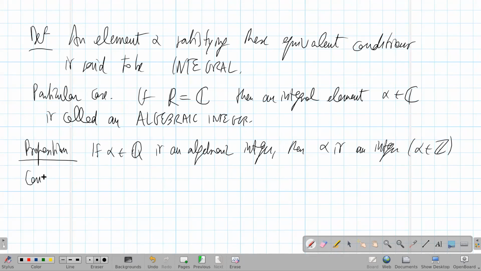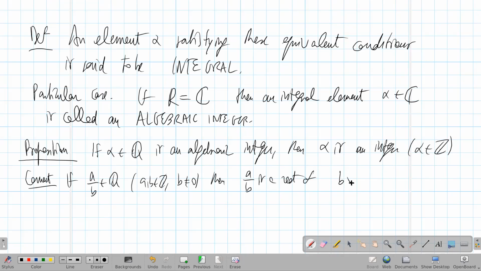First a comment. If you have a rational number a over b, where of course a and b are in Z and b is different from 0, then this fraction is a root of the polynomial bx minus a, which is a polynomial with integer coefficients. But of course, if b is different from 1, this won't be a monic polynomial.